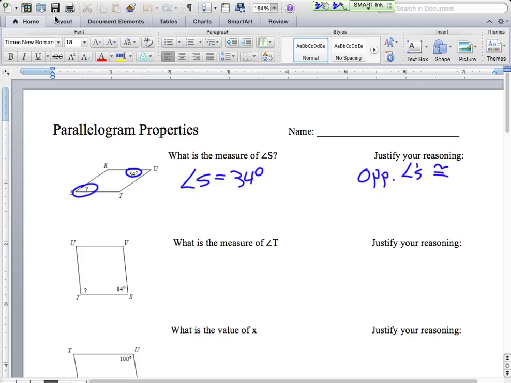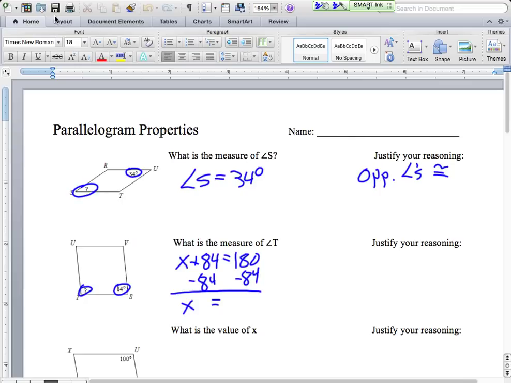All right, the next one, measure of angle T. So we know angle S is 84, and we want to figure out what T is. Well, these aren't opposite angles, they're same side angles, right? So one of our other properties tells us same side interior angles are supplemental. So supplemental means they add up to 180. So we'd say X plus 84 equals 180, and solve. Minus 84, minus 84.